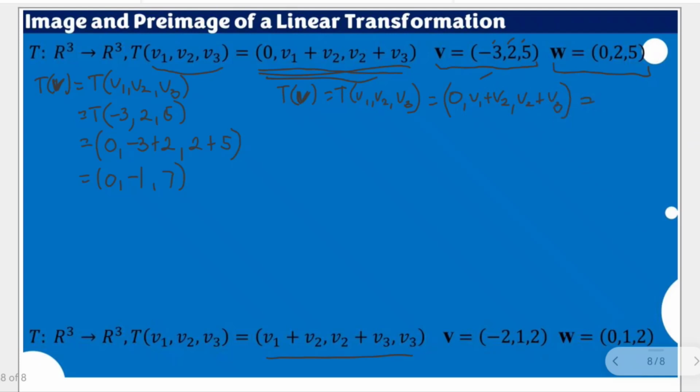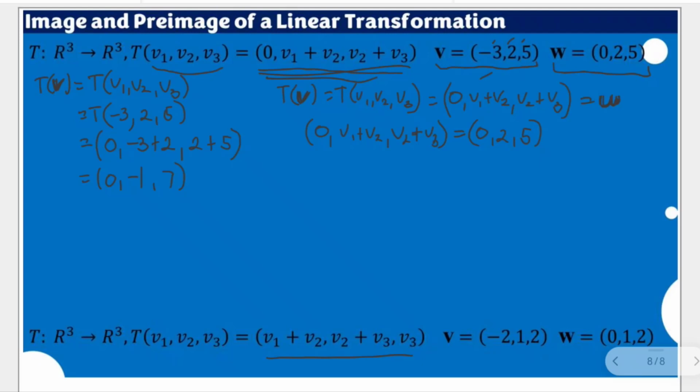And this should be equal to your vector w. That would mean you will have here 0, v sub 1 plus v sub 2, v sub 2 plus v sub 3 is equal to your w, 0, 2, and 5.